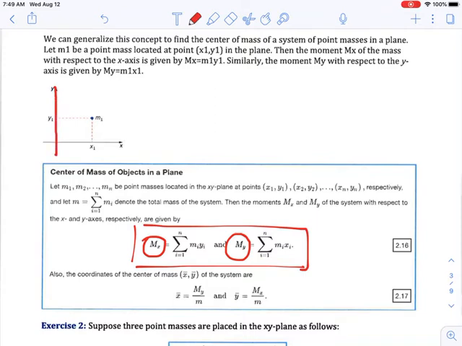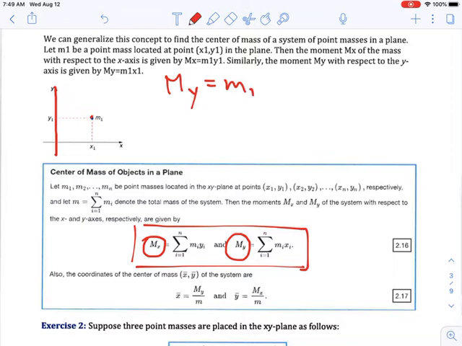And so if we want to find the moment, so we have a mass right here, M1, and the moment of that particular mass, M sub y, is going to be mass 1 times its distance from the y-axis.